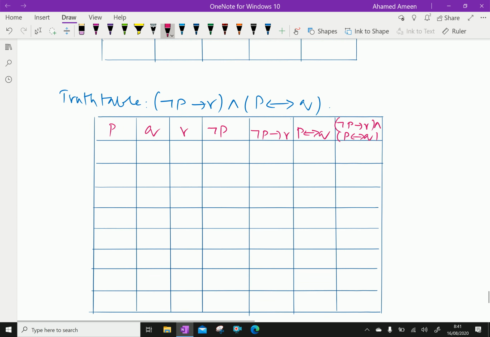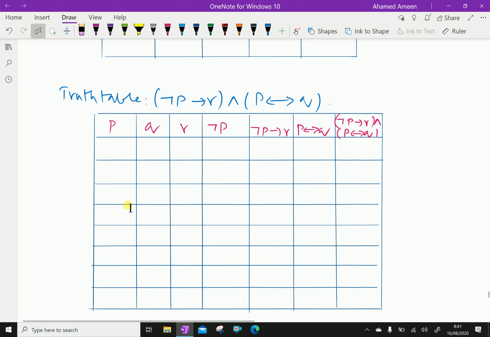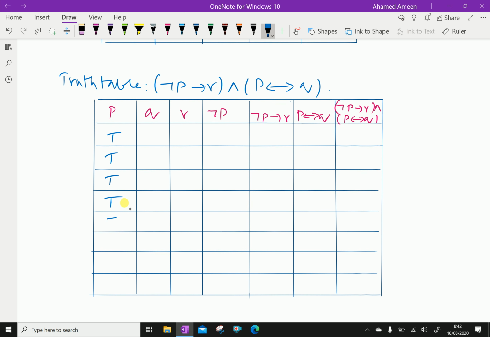We need 4 truths here: true, true, true, true, then false, false, false, false. Because there are 3 simple sentences, 2 cubed is 8, so 8 rows are there.